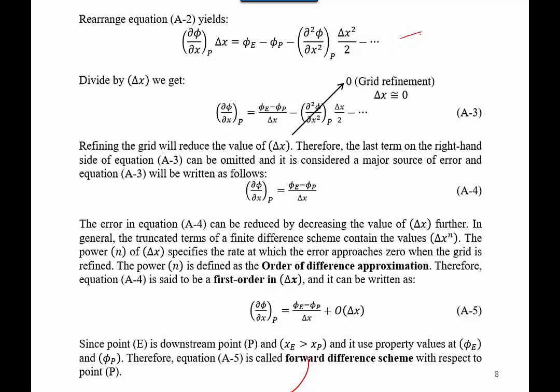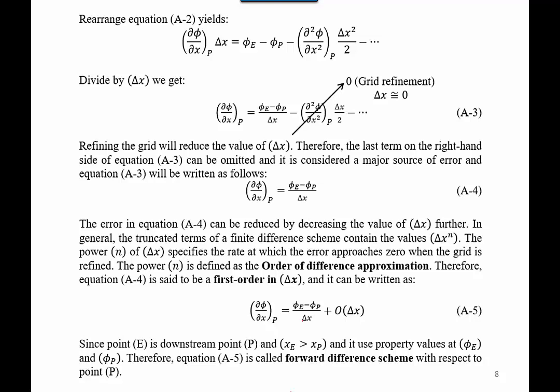The first derivative of phi at P multiplied by dx equals phi at east point minus phi at big P minus the second derivative of phi at P multiplied by half the value of delta x squared minus etc. If we divide this equation by delta x, we get equation A3, which is the first derivative of phi at P equals phi at east point minus phi at big P divided by delta x minus the second derivative of phi at P multiplied by half the value of delta x minus etc.